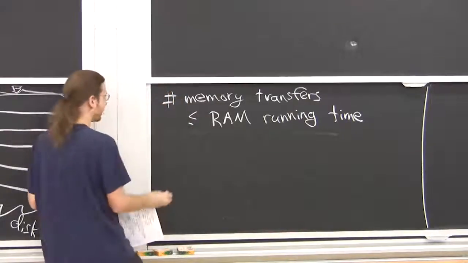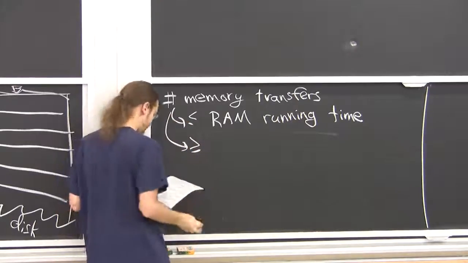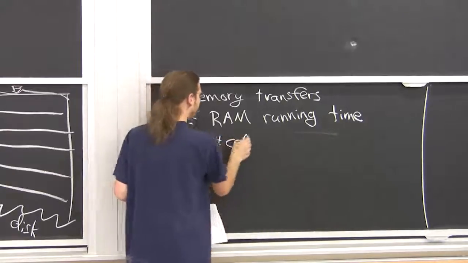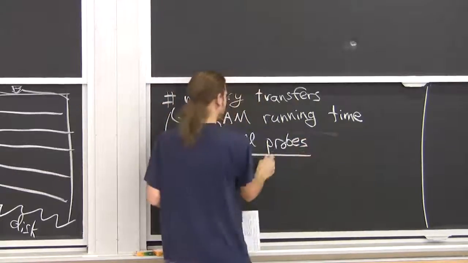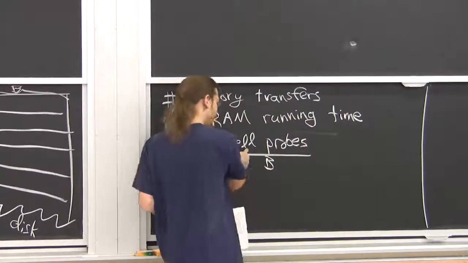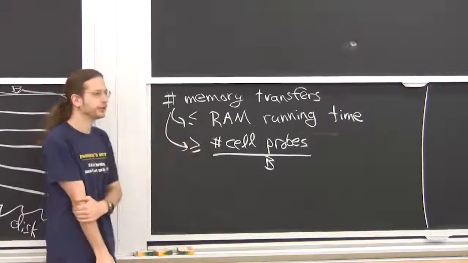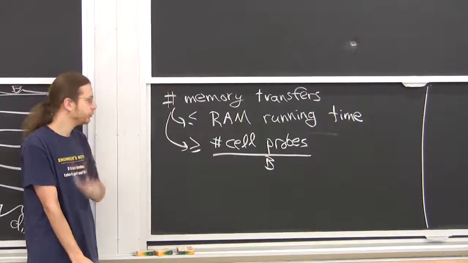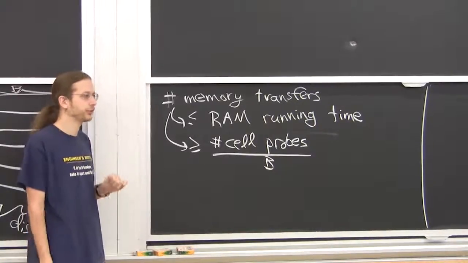There's also a lower bound. So this is also at least the number of cell probes divided by B. I think we've talked briefly about the cell probe model. I think in retroactive data structures, the cell probe model is this model where all you count is how many words did I have to read in order to do this data structure operation.